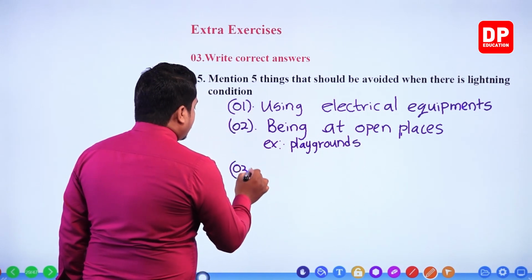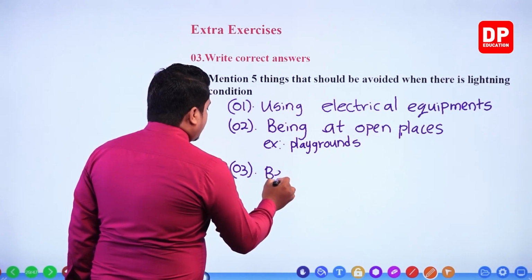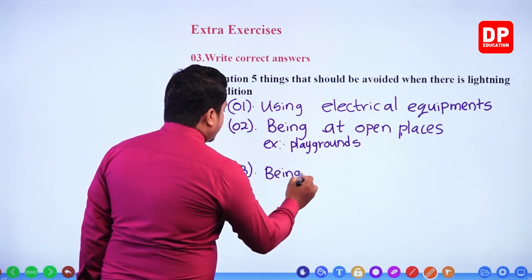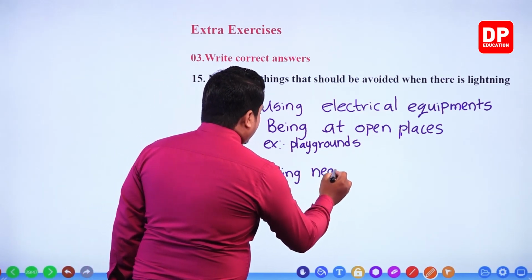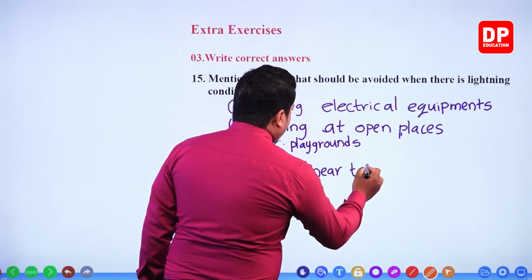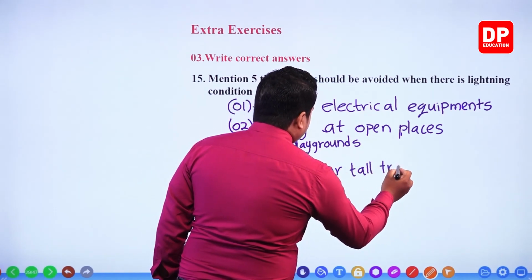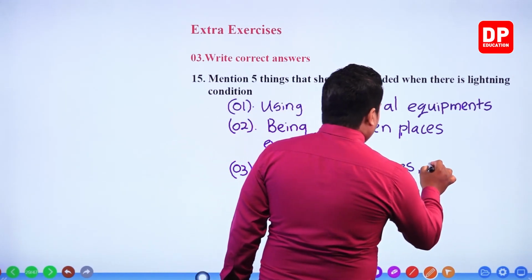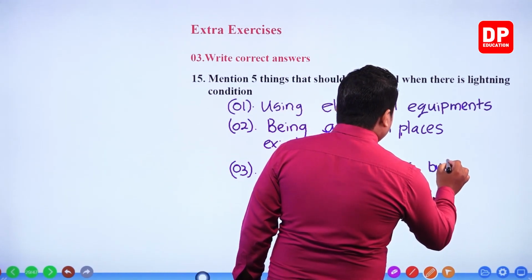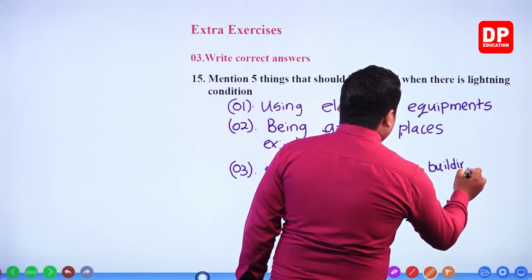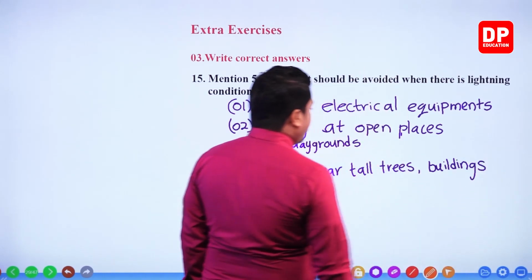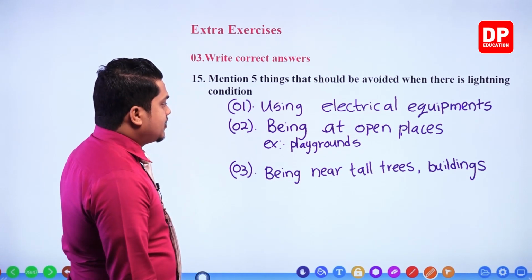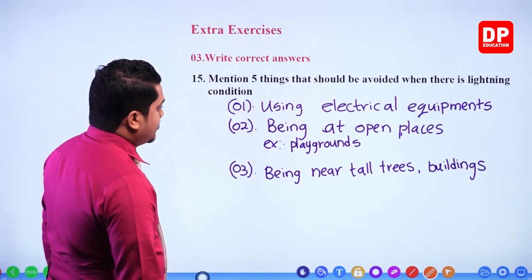Number 3, being near tall trees, buildings, right? Being near tall trees, buildings.